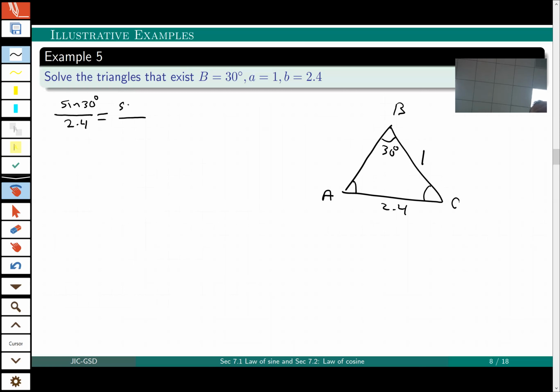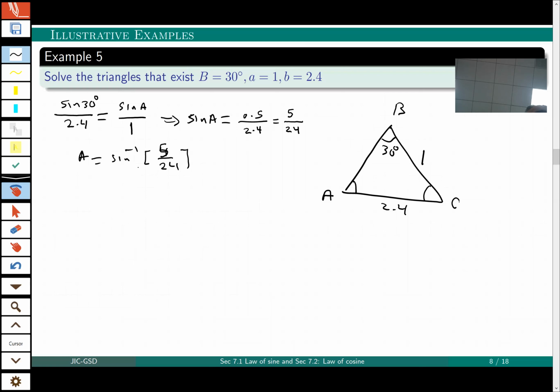I will be able now to find A. So it will be sine A divided by the opposite of A. That will mean sine A is equal to sine 30, which is 0.5, divided by 2.4. If we multiply up and down by 10, you will get 5 over 24. So that's sine A. So A will equal sine inverse of 5 over 24.